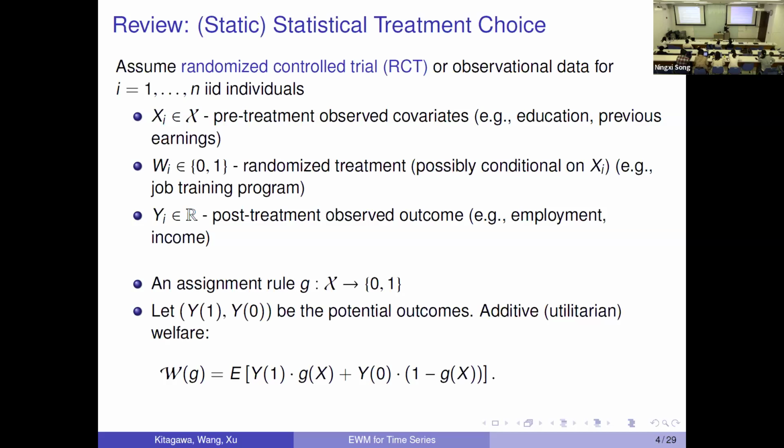In this case, basically, we have an expectation of Y1 or Y0 depending on our choice. If we choose G based on this X, G equal to 1, we have a treated unit. If we choose G equal to 0, then we have an untreated unit. So this is the expected welfare under this policy rule.